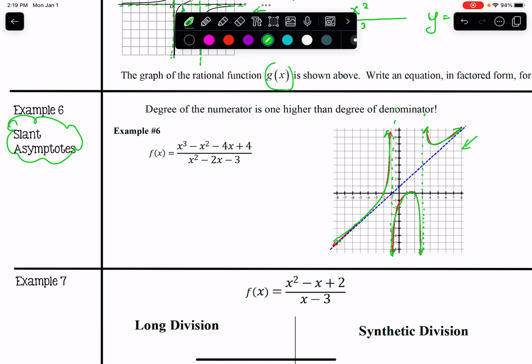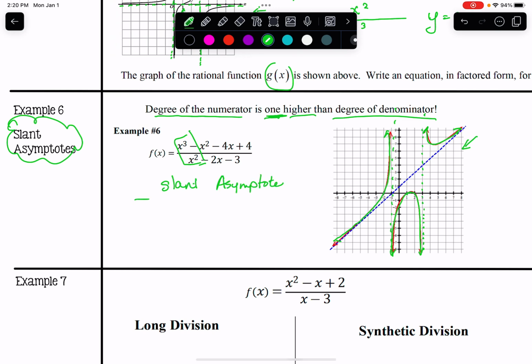Now, how do we know if something has a slant asymptote? It's because the degree of the numerator is one degree higher than the degree of the denominator. So we have an x cubed over an x squared, so this would have a slant asymptote.